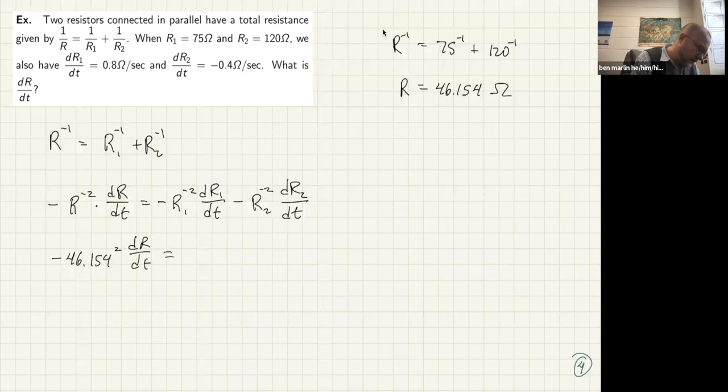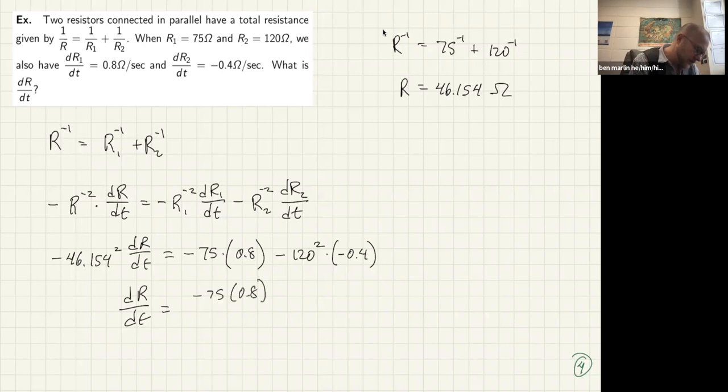And then over here, the minus R1 was 75, and dr dt, or dr1 dt, was 0.8 ohms per second. And then minus 120 squared, and dr dt was minus 0.4 ohms per second. So the dr dt that we're looking for, we can go ahead and do this together here.